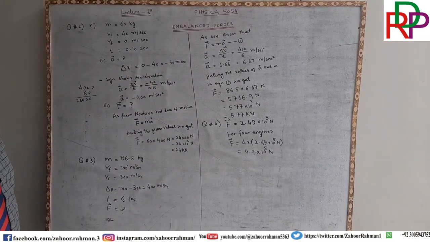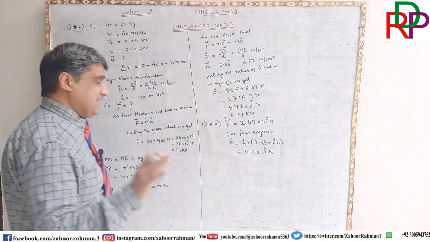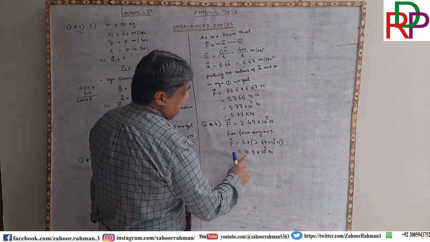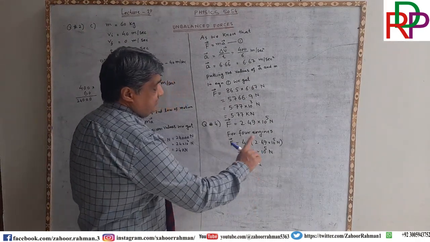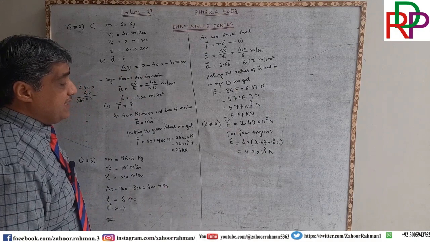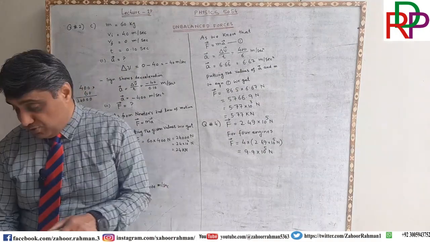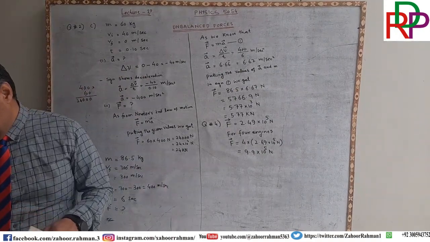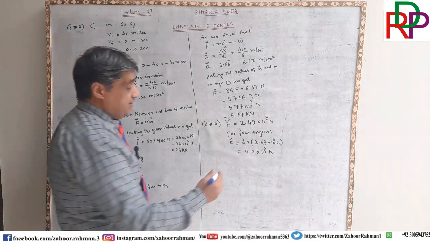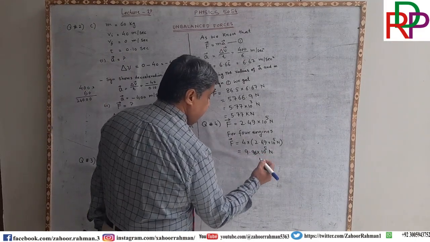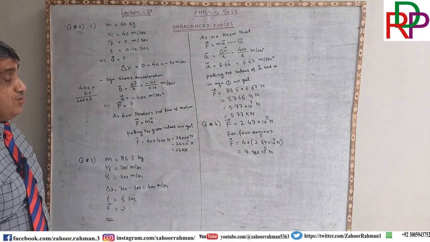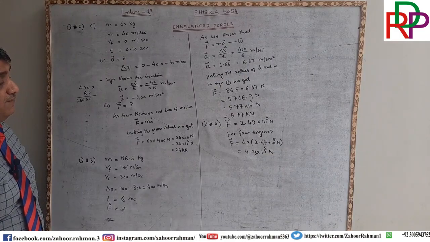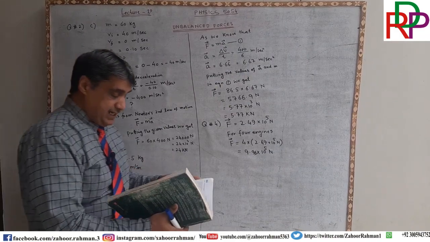So 4 engines will provide a thrust of, rather, 9.96 into 10 raised to the power 5 Newton. Okay, let's move forward.